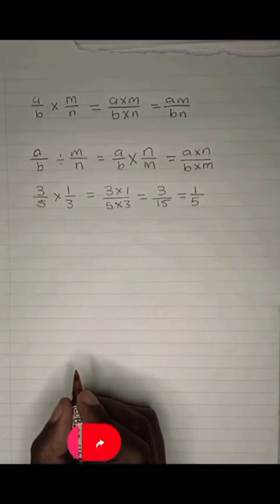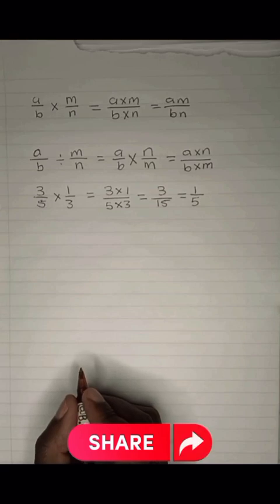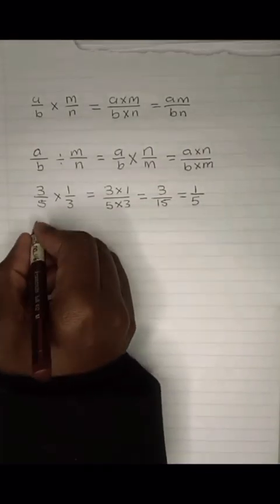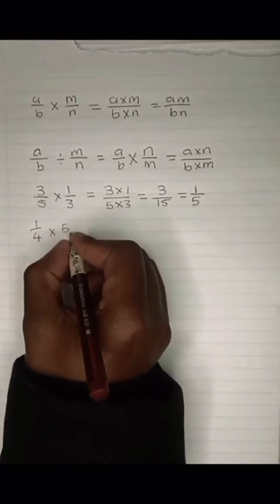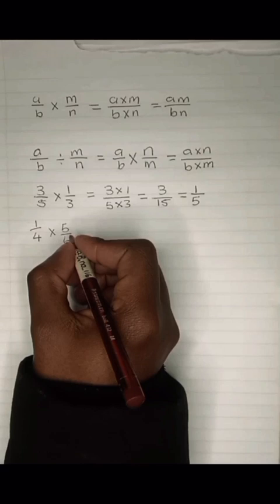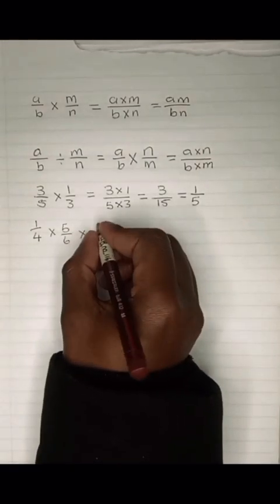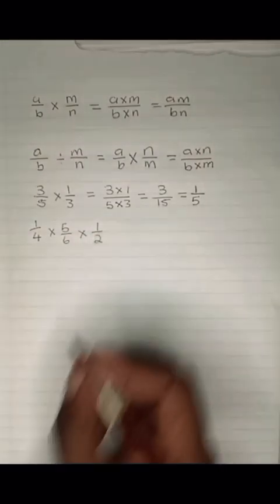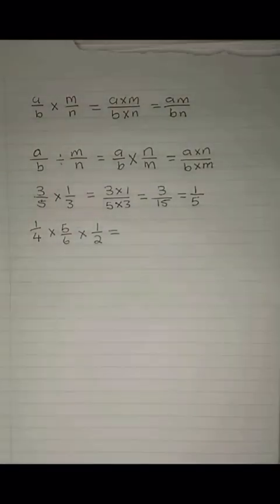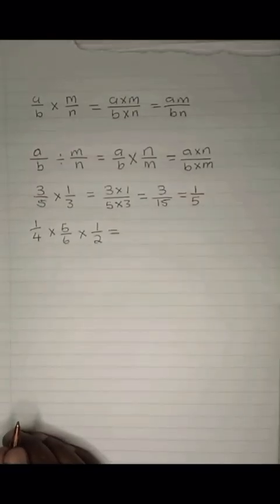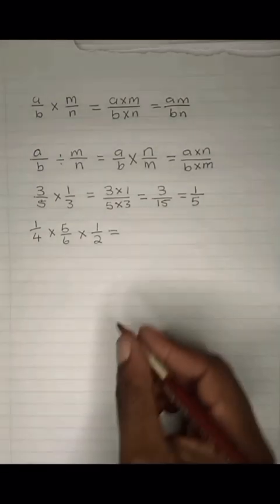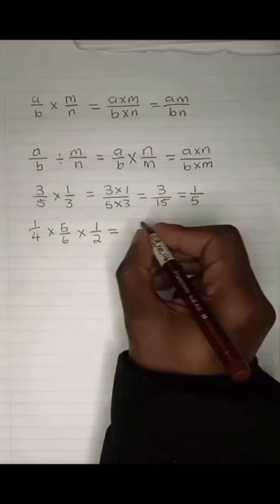Let's do another example. Say you have 1 over 4 multiplied by 5 over 6 multiplied by 1 over 2. When you have it like this, feel free to pause the video and do it on your own and then compare your answer with mine.